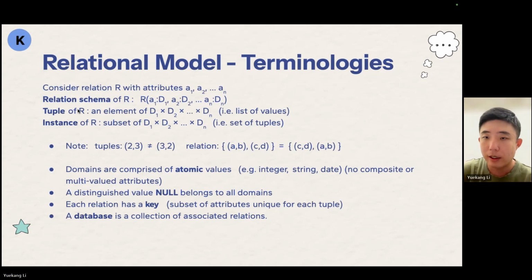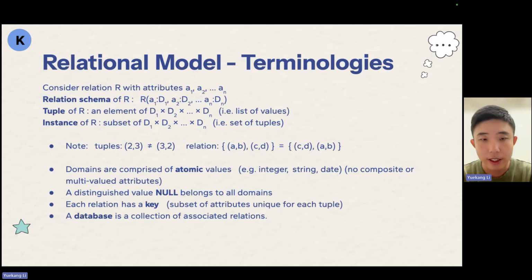You can think of it as a table row, so a tuple is equivalent to a row of the table. And an instance of a relation is a set of tuples, a set of rows. You can think of it as an instance of a table, just a concrete table.